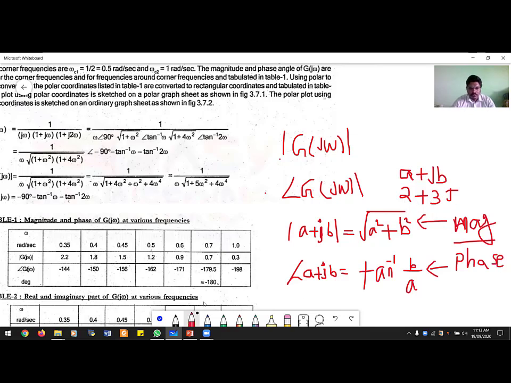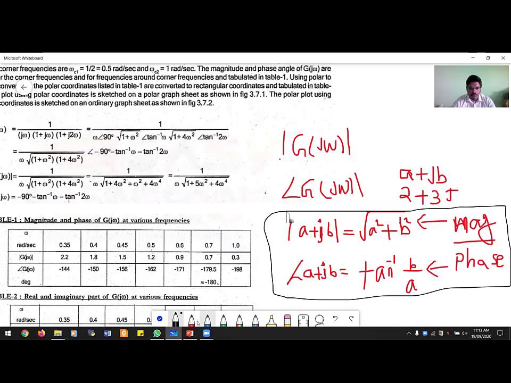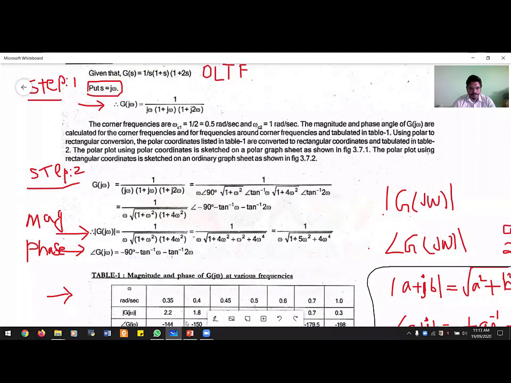Okay, so now we move on to this problem. Just remember this formula. You have to memorize the formula, because it will be applied for the magnitude and phase calculation in your polar plot. So let us go to the problem.